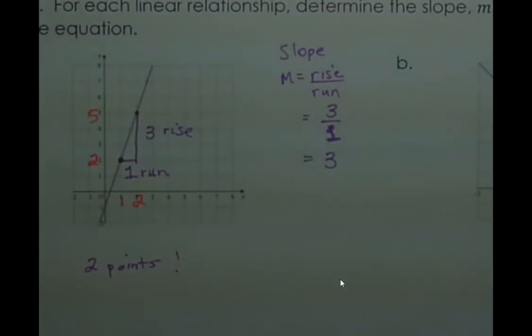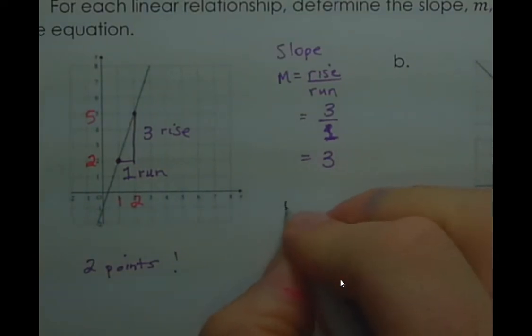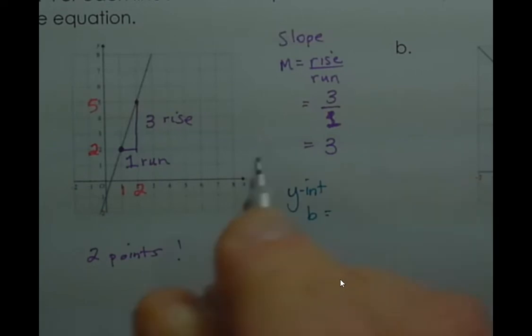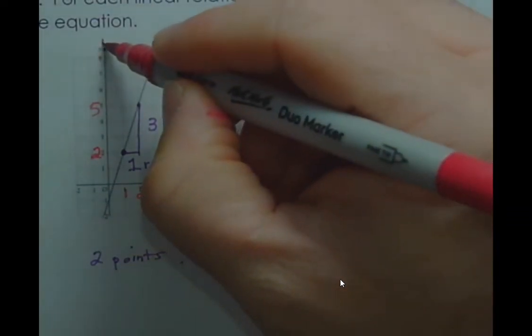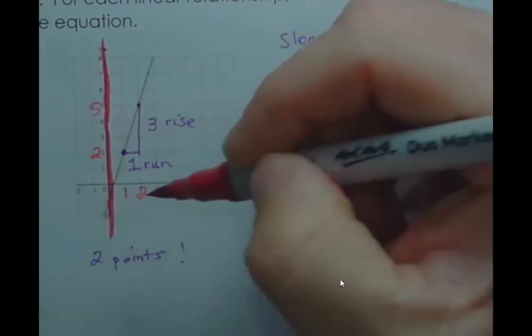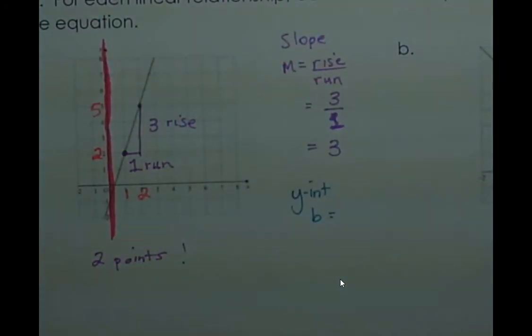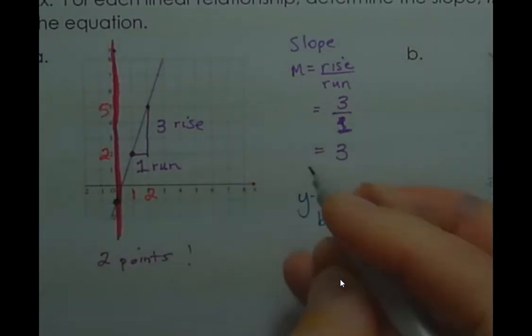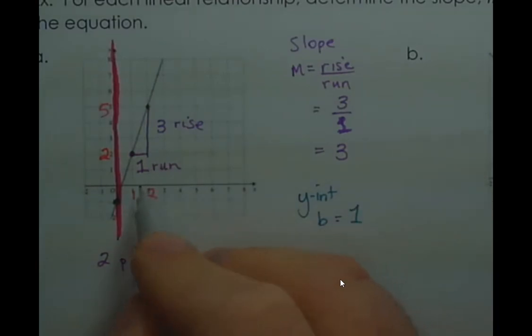The second thing we need to find is my y-intercept, and this is our b. And when we did this before, we found the y-axis and figured out where it hits the y-axis. And if I look at that, it looks like it hits at 1.